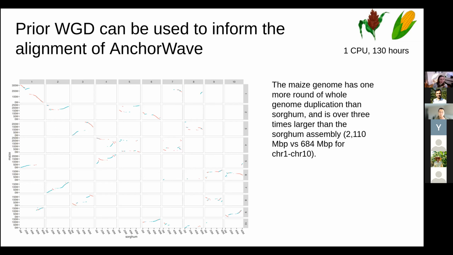So AnchorWave is allowing us to use that previously known information. If we don't know about whole genome duplications that differ between our species, we can make this plot and make some inferences based on the gene anchors that you observe. There's some nice documentation in the AnchorWave walkthrough about how to do that.